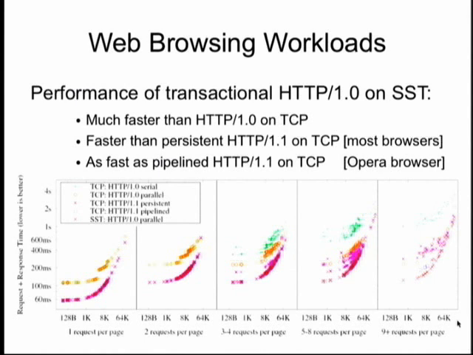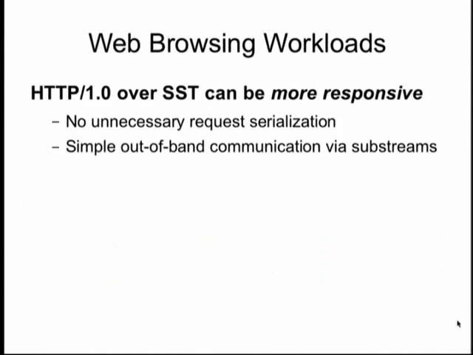But the reason I'm skimming over all this quickly is because I don't think that's the most interesting thing. What's interesting about SST, besides the application model it provides for programming transports, is that it can make it easy for applications to be more responsive.